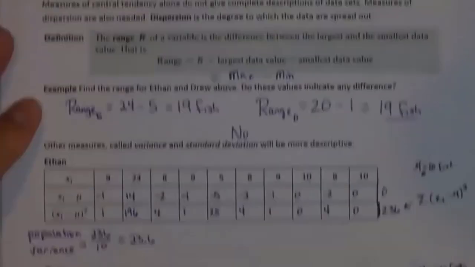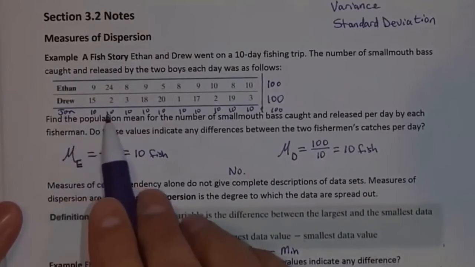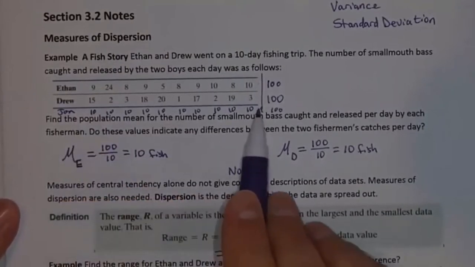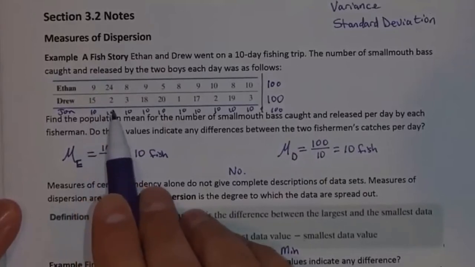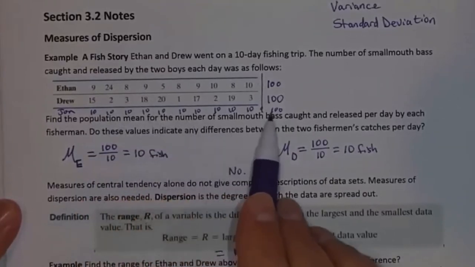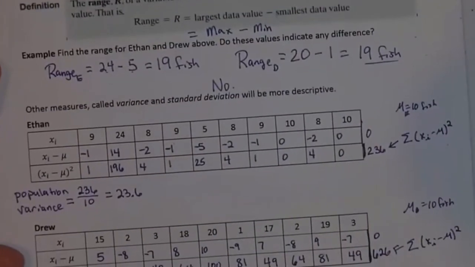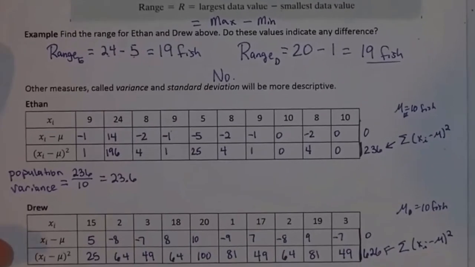Now, just for the sake of saying it, I said, what if we had a third fisherman, John, who always got 10 fish a day? Well, if I found John's deviations, 10 minus 10 would be 0, 10 minus 10 would be 0, and so on. So if I did this for John and I added up all of his deviations squared, you square 0, you still get 0.